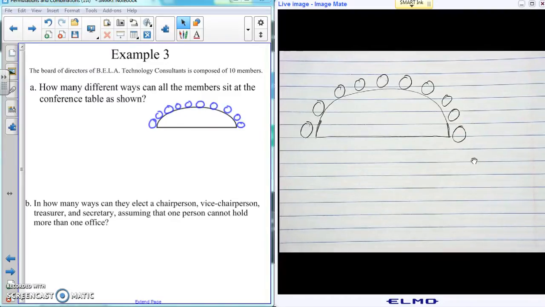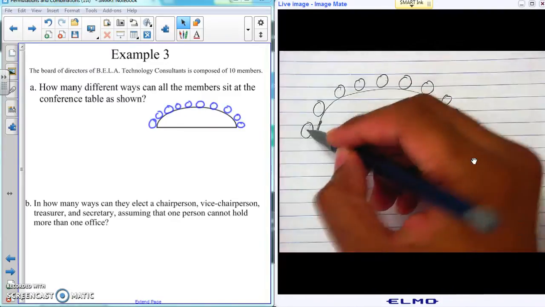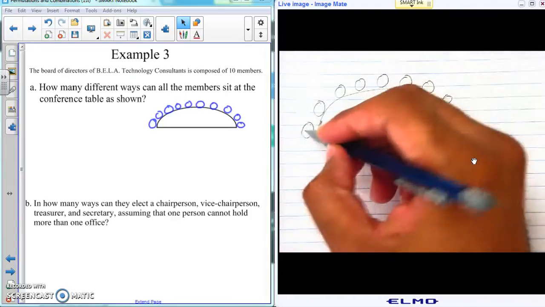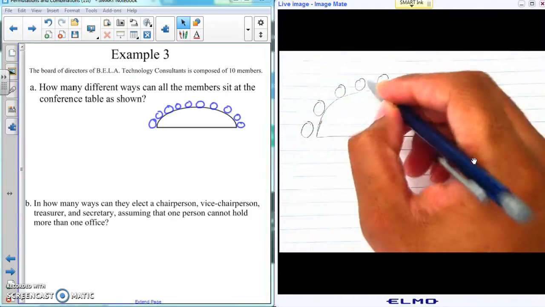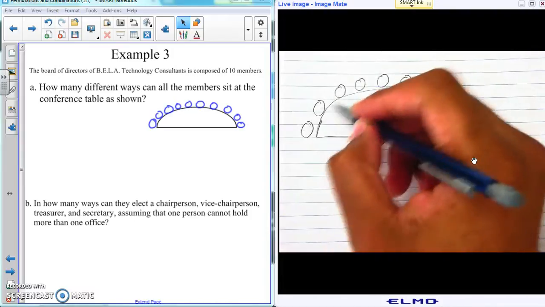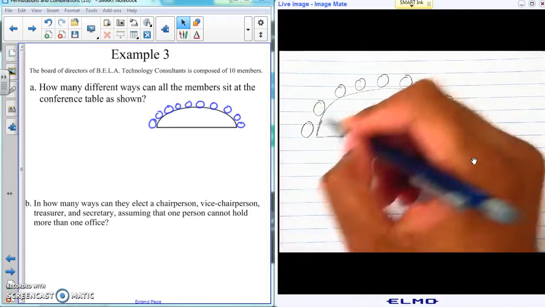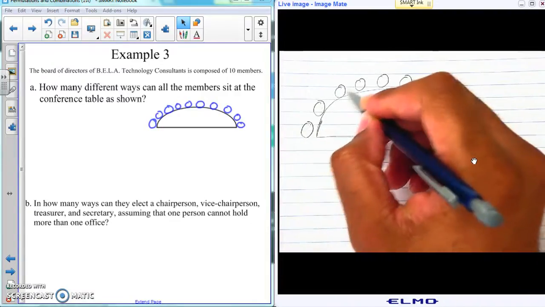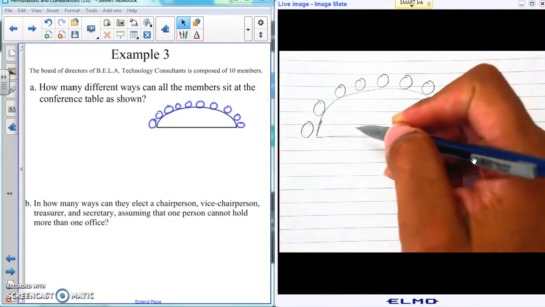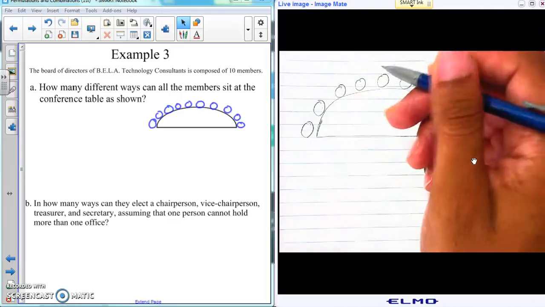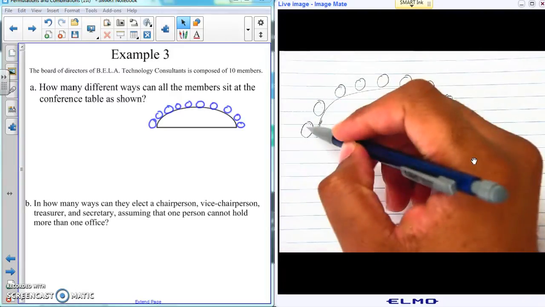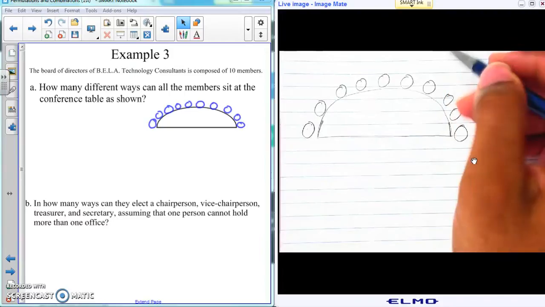Let's say we had John, Peter, Michael, and James. John, Peter, Michael, James is one way. But if we switch it around to Peter, James, Michael, and John, that's a whole other seating arrangement. And if Peter's here, that's a totally different seating arrangement.